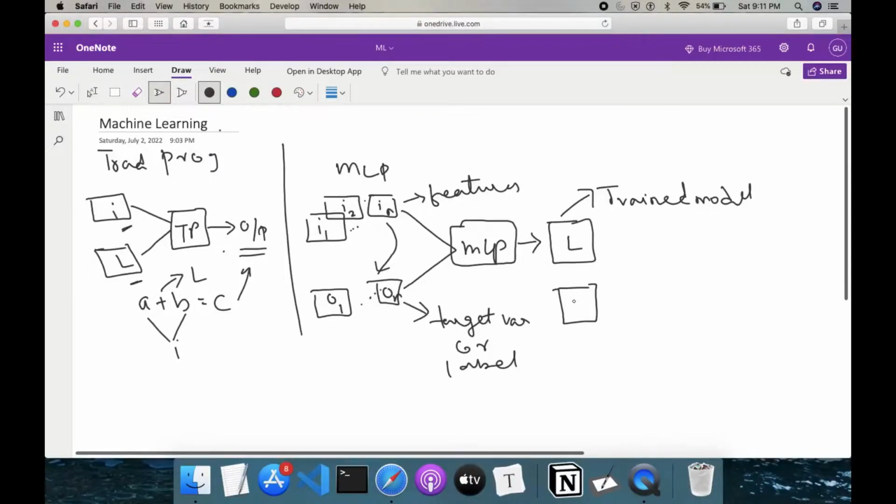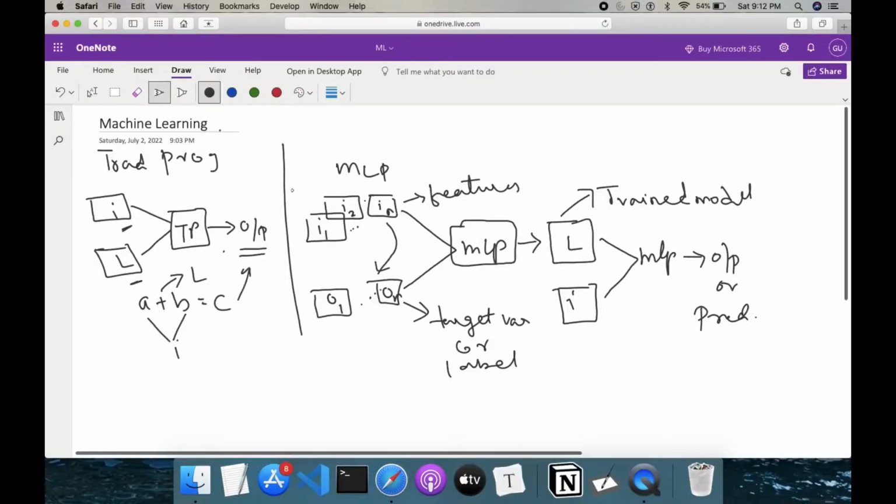So here we have inputs again, and we'll be predicting using this learned model. That is passed through the MLP, and then we'll get an output, also known as a prediction. So this is the whole picture with respect to machine learning.